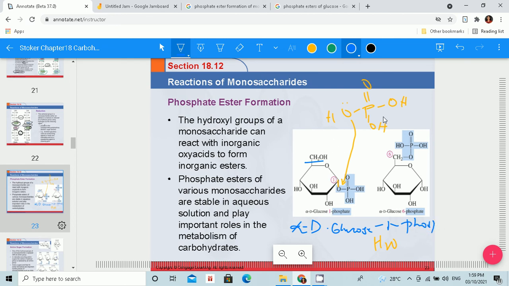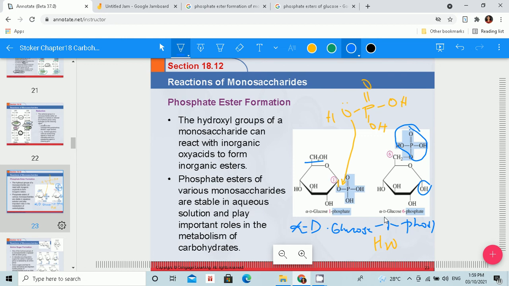Unlike this one, this second structure is our alpha, since the OH here is below. And then we have the phosphate ion. The phosphate ion reacts with our CH2OH, or in our carbon 6.